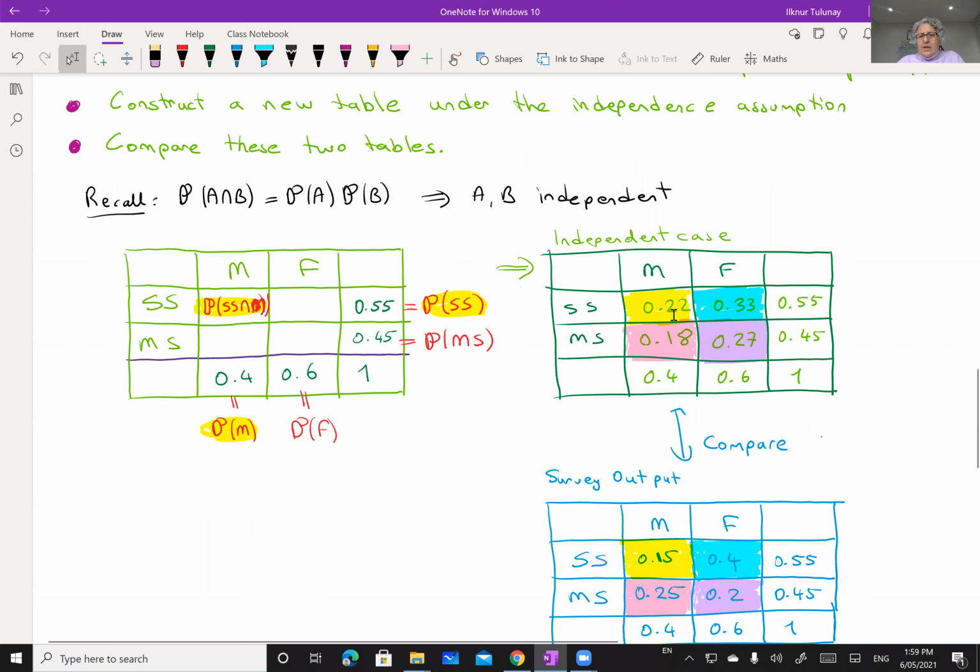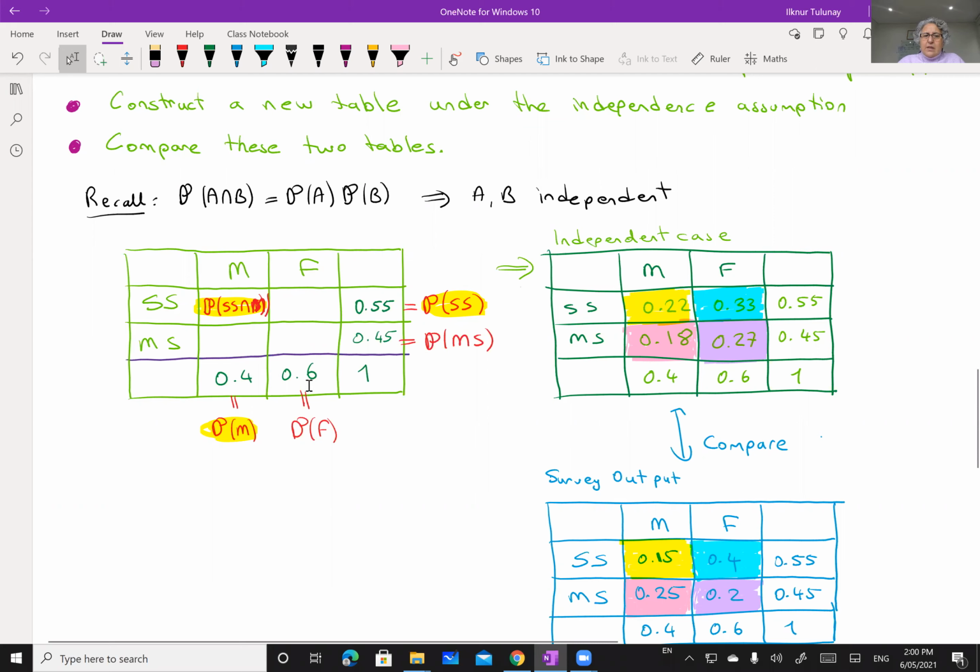So if we assume independency, what we need to do is take these ones and multiply them. In the original, we have different numbers here, but if we assume independency, in order to get these numbers, the only thing we need to do is multiply these two, because the intersection probability needs to be a multiplication. In this case, this times this will give us a theoretical intersection probability. So this times this will give you 0.22.